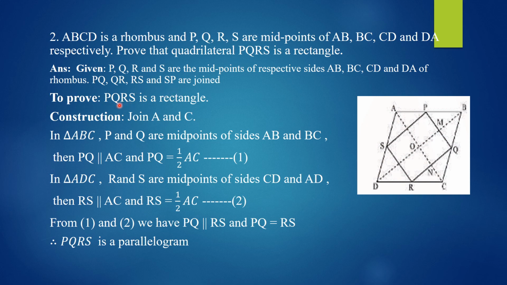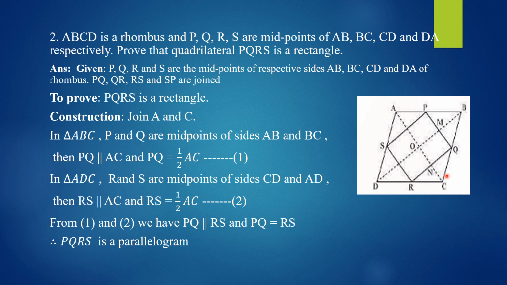To prove PQRS is a rectangle, we can see PQRS is a quadrilateral. So to prove it as a rectangle, first we need to prove it is a parallelogram. For that, join the diagonal AC. So we can see in the triangle ABC, P is the midpoint of AB and Q is the midpoint of BC.